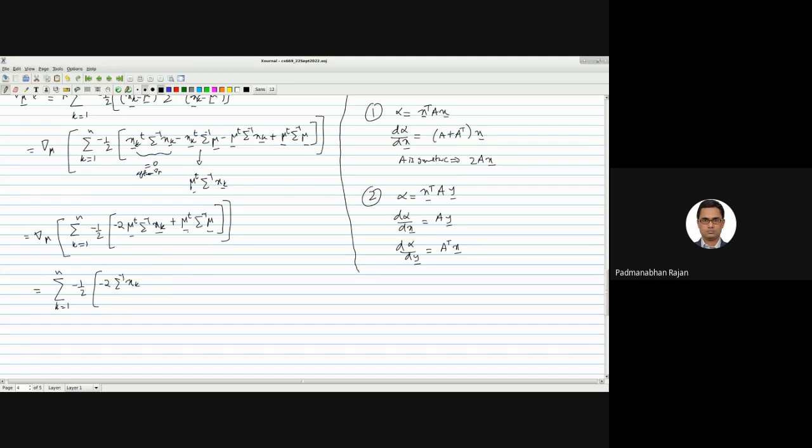And the derivative of the other term is going to be 2 sigma inverse mu, using this result. And this is equal to 0.